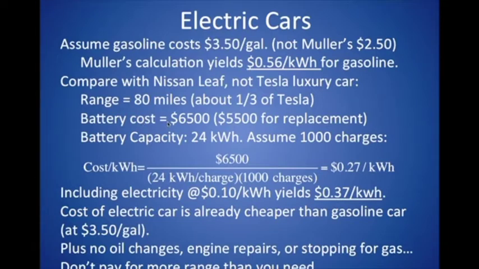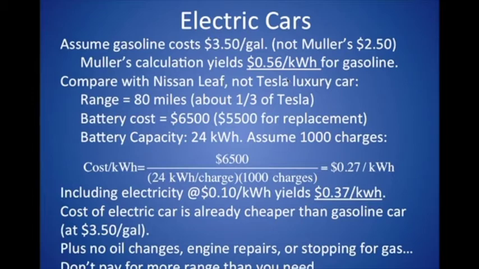So the battery costs actually nowadays around $5,500 for the battery. Capacity is 24 kilowatt hours. And if you assume 1,000 charges, like I think is what Muller was assuming, so even with the $6,500, 24 kilowatt hours per charge, 1,000 charges, that works out to about 27 cents per kilowatt hour instead of Muller's 56 cents.